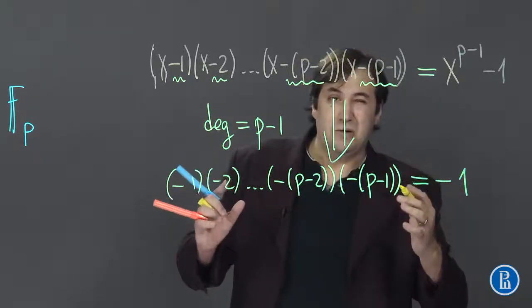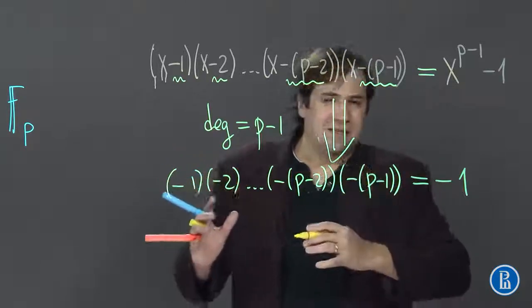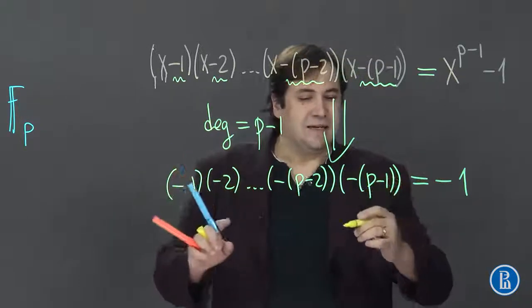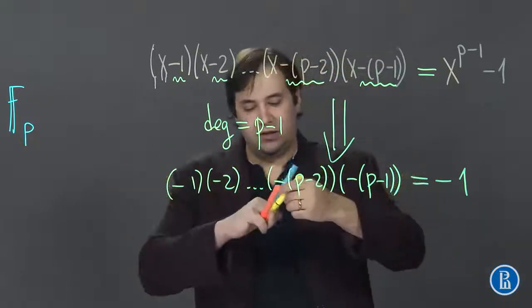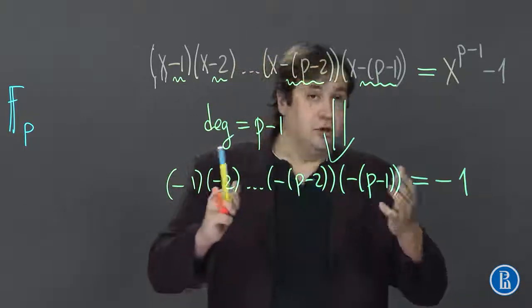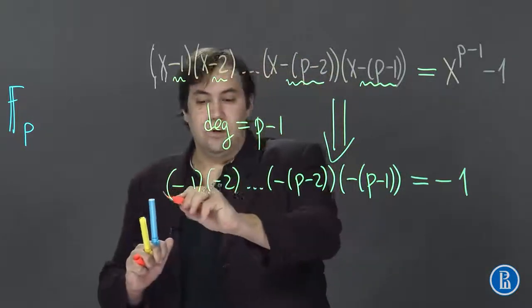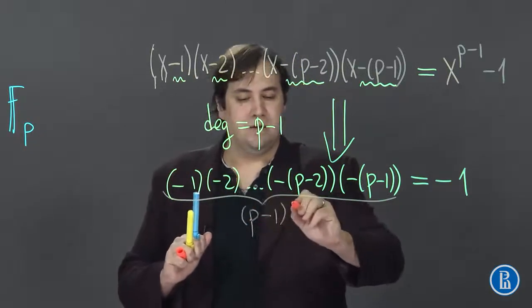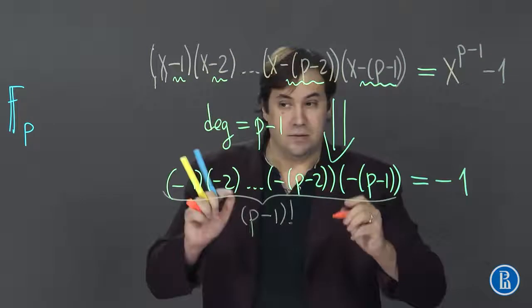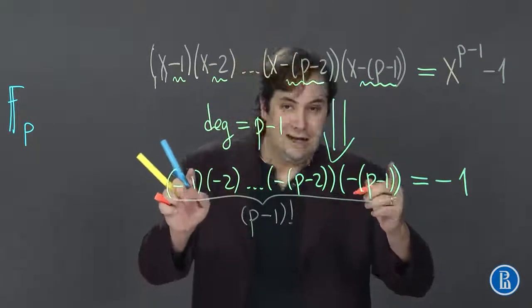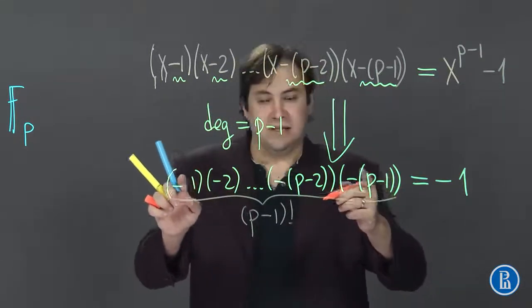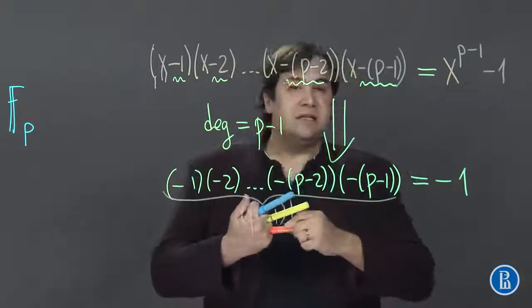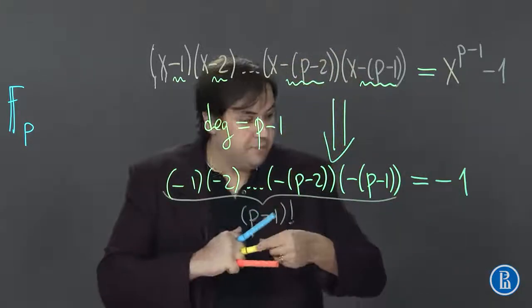And if p is equal to 2, then minus is the same as plus. In any case, we can say that this expression is, modulo p, equal to simply (p minus 1) factorial, the product of all integers from 1 to p minus 1, since the number of minuses is even. So this is Wilson's theorem.